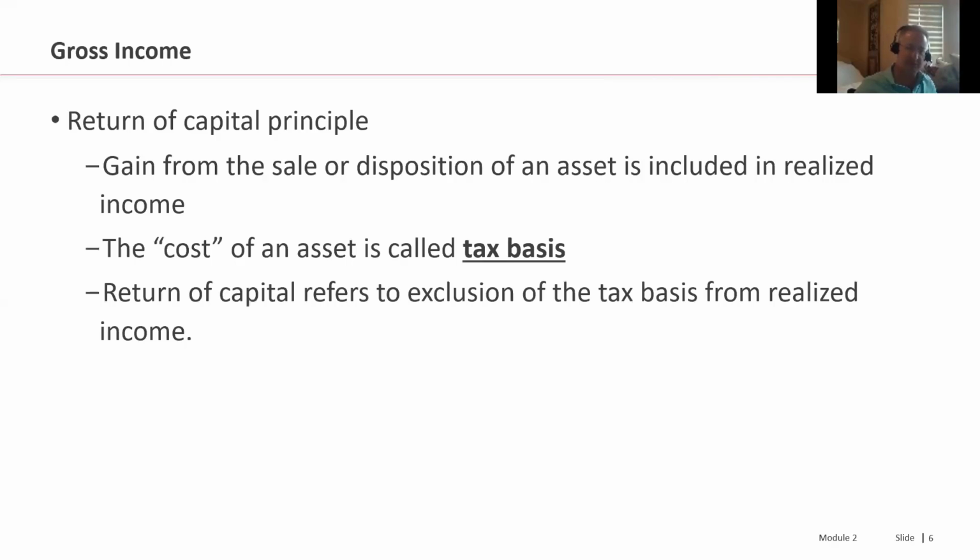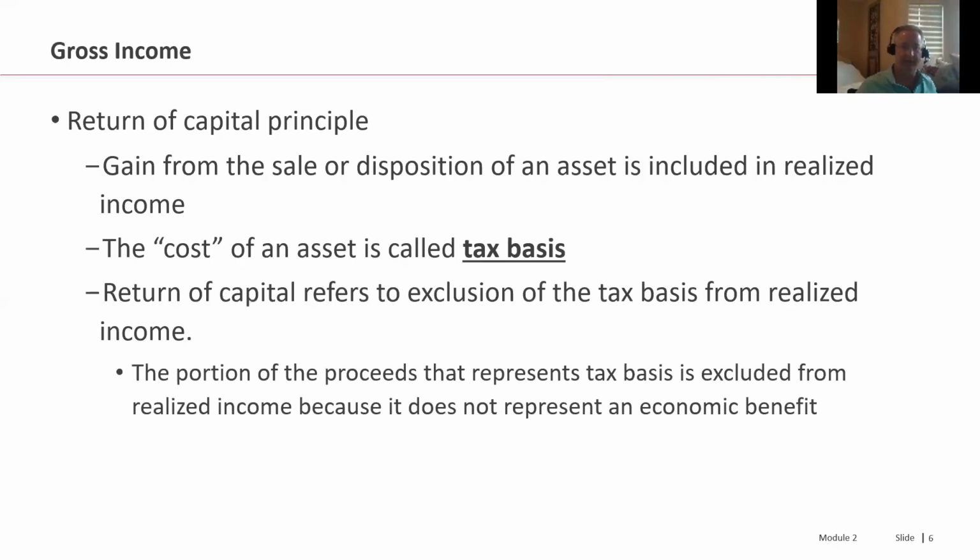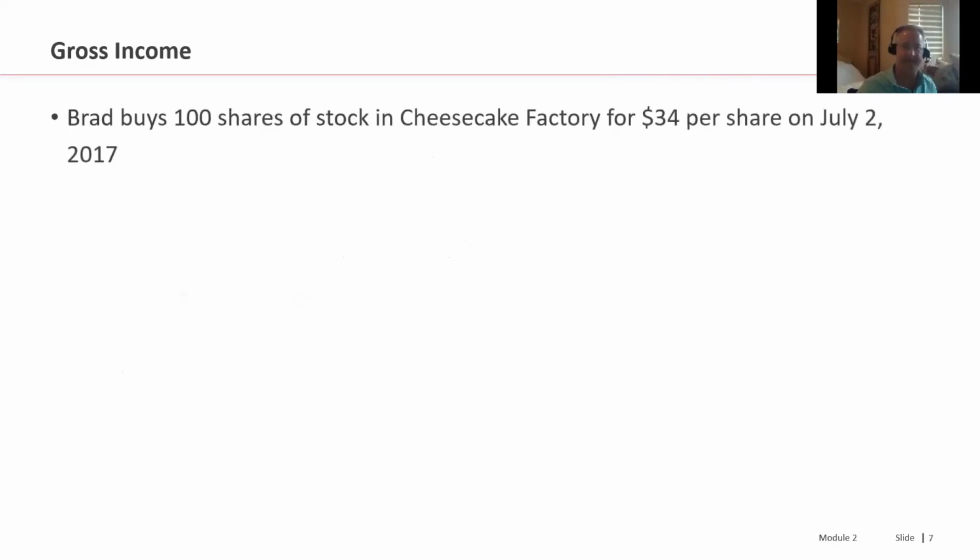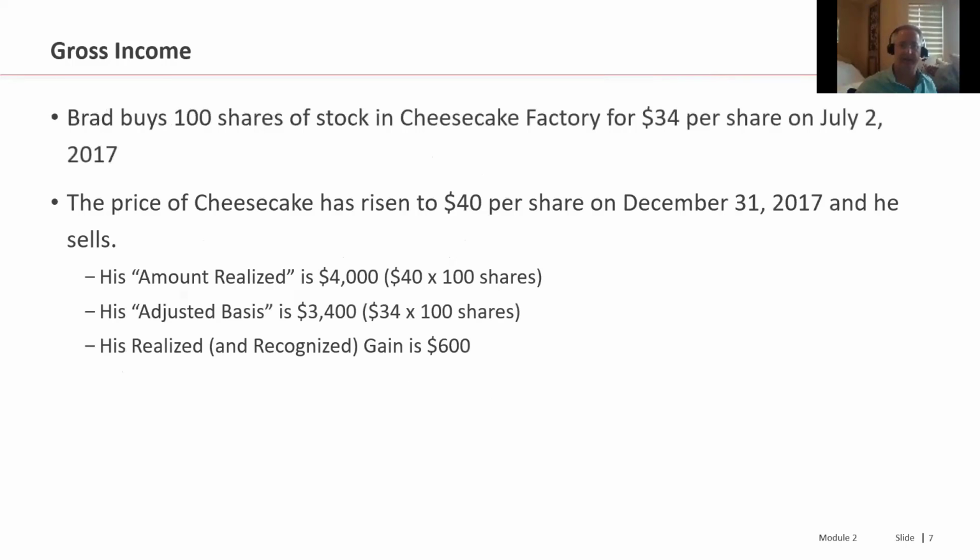This seems so obvious, so intuitive, right? The portion of the proceeds that represents your tax basis is excluded from realized income because it doesn't represent an economic benefit. We talked about Brad buying these shares for 34. The stock price rises to 40 and he sells them.